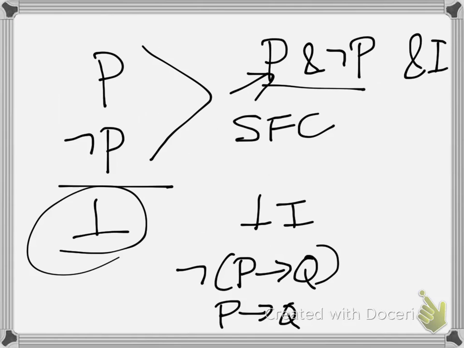So again, how the rule of EFQ works is, if we have the falsum, then we can derive anything we want by EFQ.